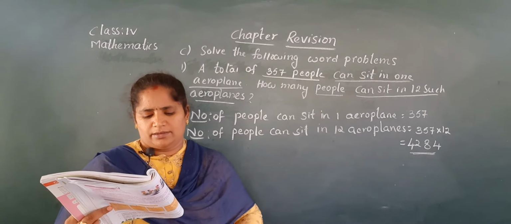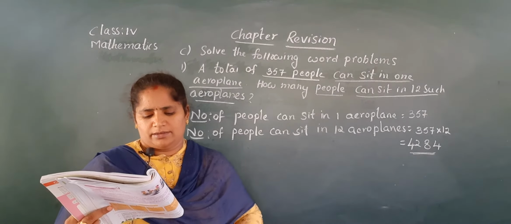Number of days in April, 30. So total amount received per 30 days.